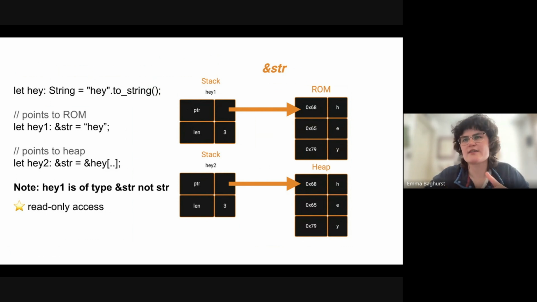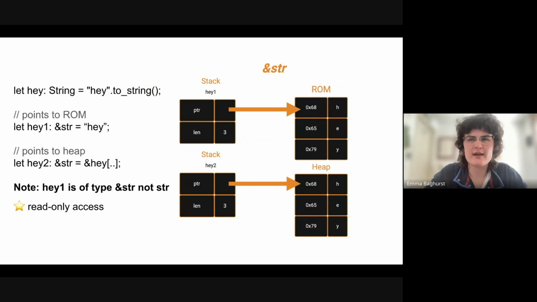So on the left, I've declared a string called hey, and on the second line, I have declared a hey1, which is assigned to hey. So that hey in line 2 is actually a string literal.